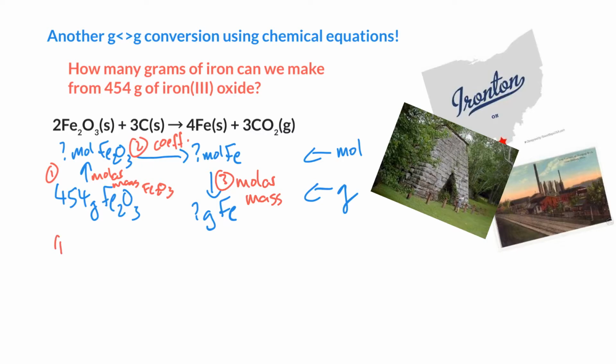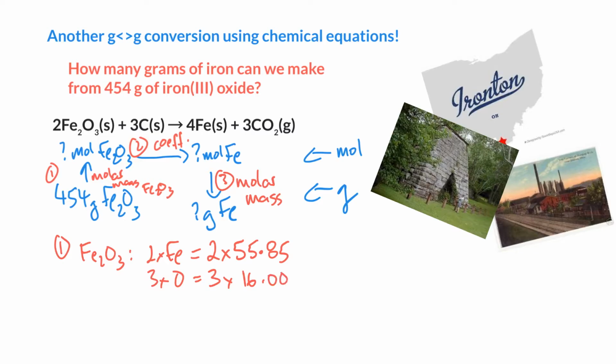That's extremely cool. So Fe2O3, it's made up of 2 irons and 3 oxygens, and we have to look those up. So we got 2 irons. Iron on my handy dandy periodic table is 55.85, and oxygen is 16.00.